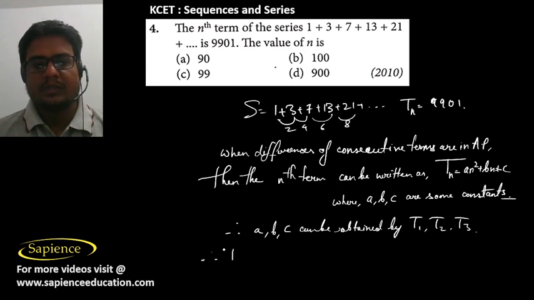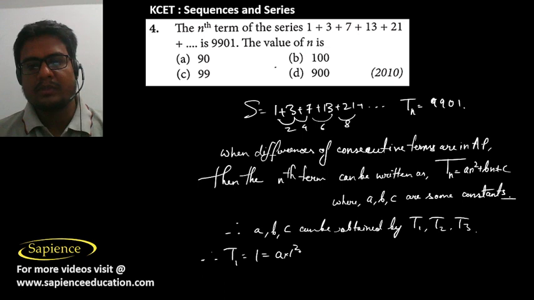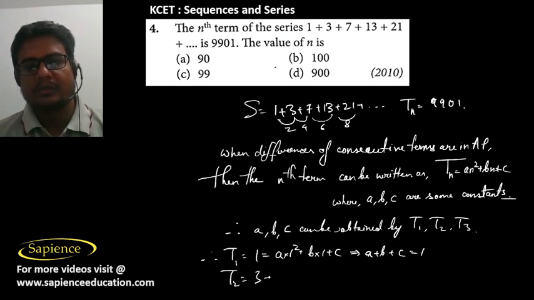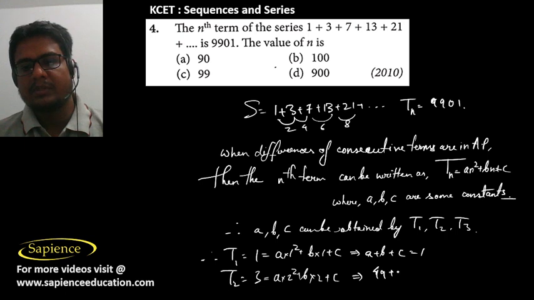So therefore here T1 is given as 1. So that will be equal to A into 1 square plus B into 1 plus C, so here n is equal to 1. So A plus B plus C is equal to 1. And then T2 is equal to 3. So that is equal to A into 2 square plus B into 2 plus C. So it means that 4A plus 2B plus C is equal to 3.